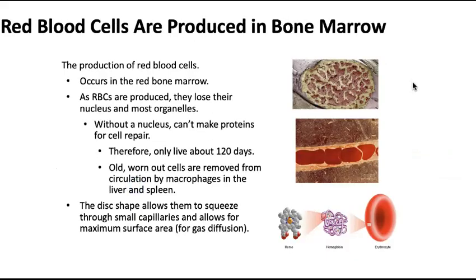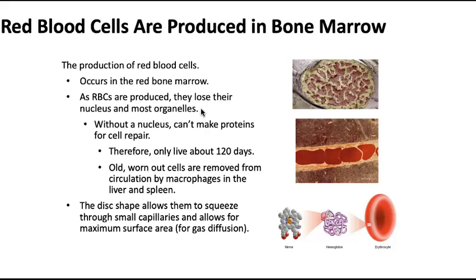Now, we've talked about how our red blood cells are produced in the bone marrow. And once they're produced, we will have an immature version of it. And once they lose their nucleus and most of their organelles, again, to make more room for hemoglobin, they will be mature.